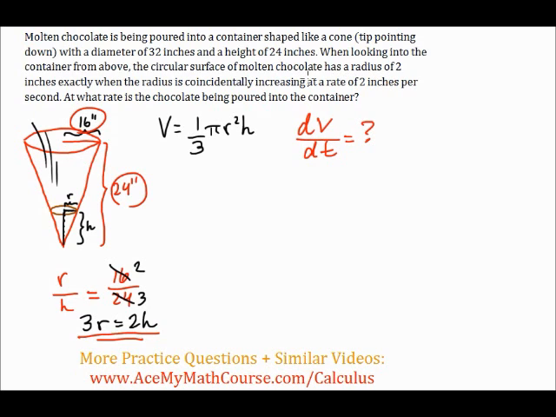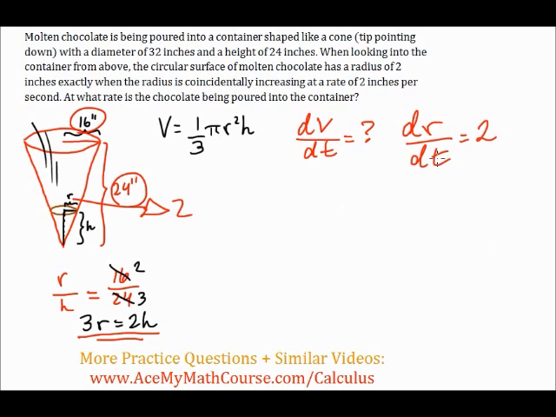We have the circular surface of molten chocolate has a radius of 2 inches, so we know that little r is 2, while the radius is coincidentally increasing at a rate of 2 inches per second, which means dr/dt is 2. So dr/dt is equal to 2.